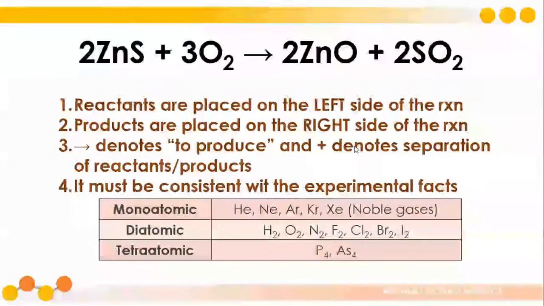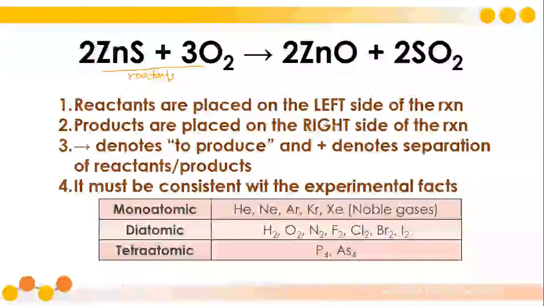Okay, we have these reminders for the chemical equations. So first, let's just reiterate. Reactants are placed on the left side of the reaction. Again, this is our indicator, the arrow sign. On the left side, we have the reactants. Okay?